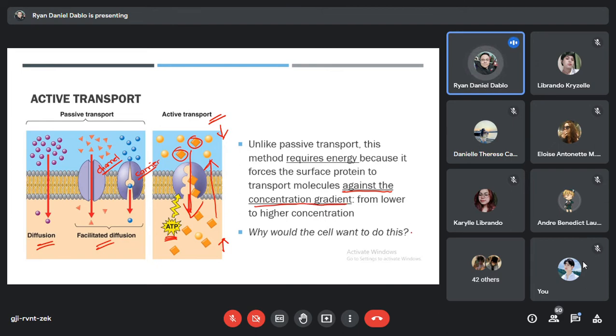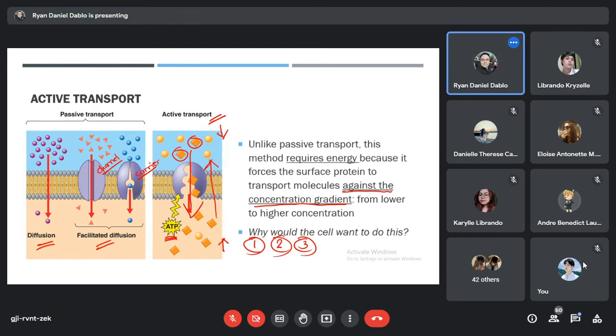Why would the cell want to do this? There are many occasions. Number one, a cell needs absolutely more of a substance, so it needs to forcibly take it in. The other is if a cell wants to forcibly be rid of a substance, it wants to push it out. The third one is if diffusion has happened and equilibrium has been achieved.